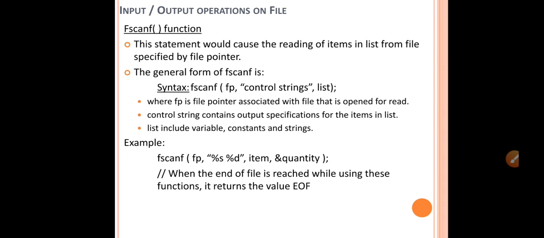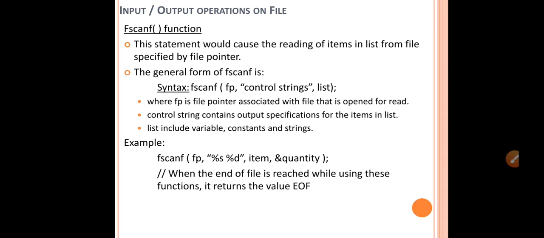So next one is the fscanf function. This statement will cause the reading of items in the list from the file specified by the file pointer. The general form of fscanf is fscanf fp, control string, list. So it is the same. Where fp is a file pointer, the control string is the output specification of items, and the list includes variables, constants and strings.